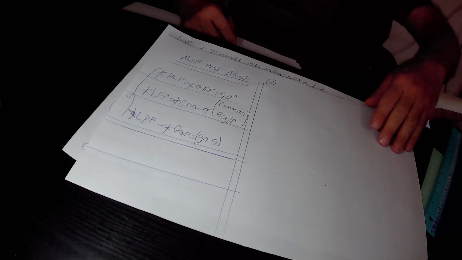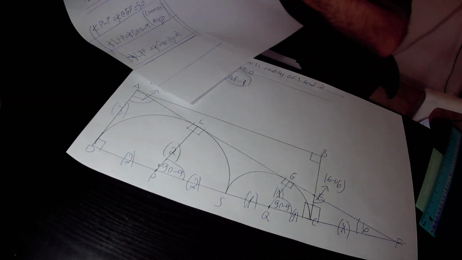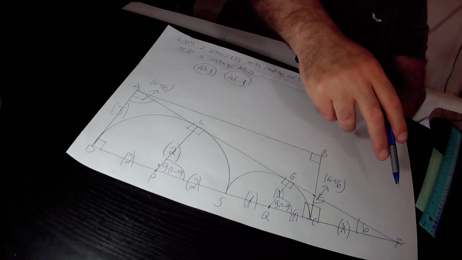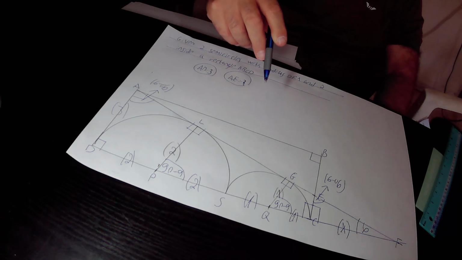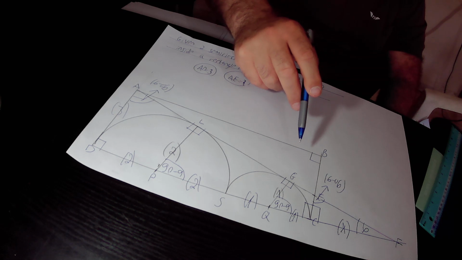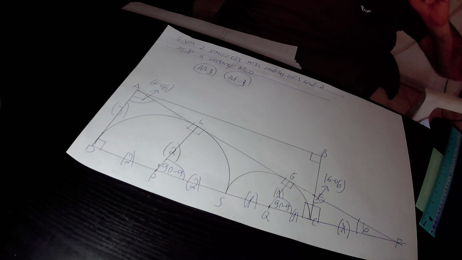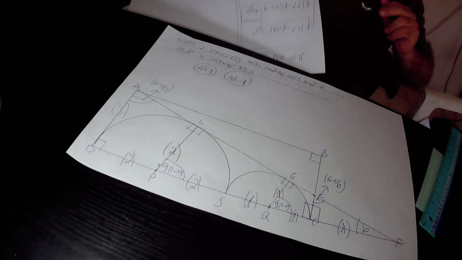So we actually found out that all the angles inside this big right triangle LPF are correspondingly equal to all the angles inside this small right triangle GQF, and therefore those two right triangles are similar to each other according to the angle similarity rule. So I write it now.